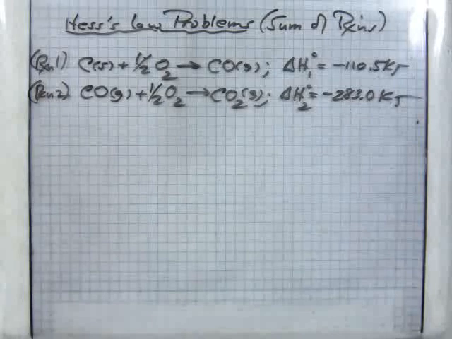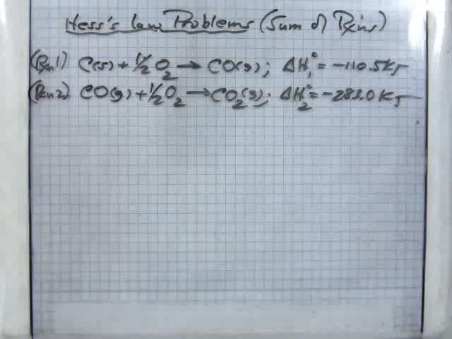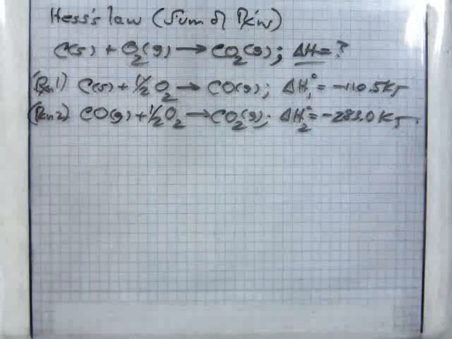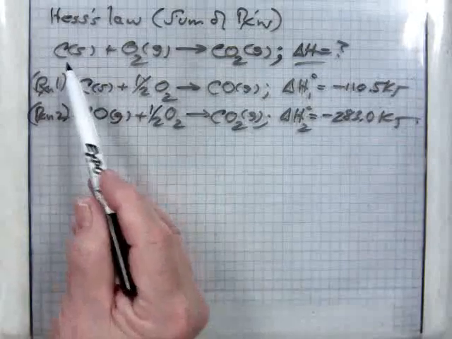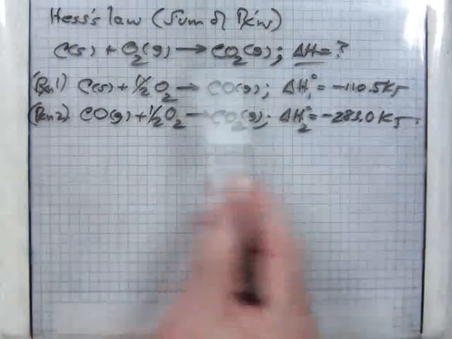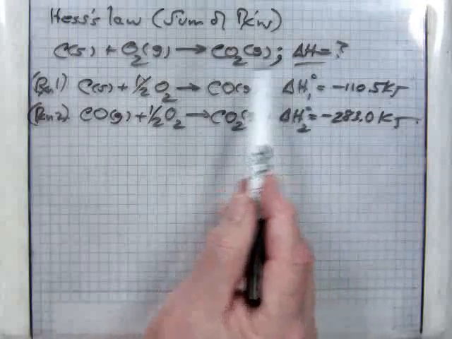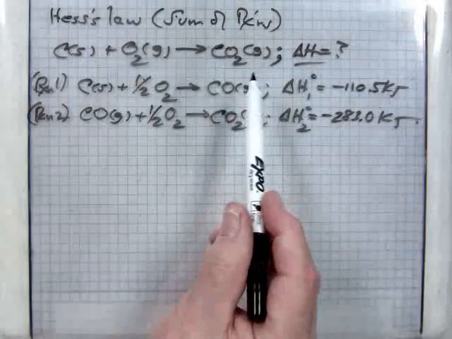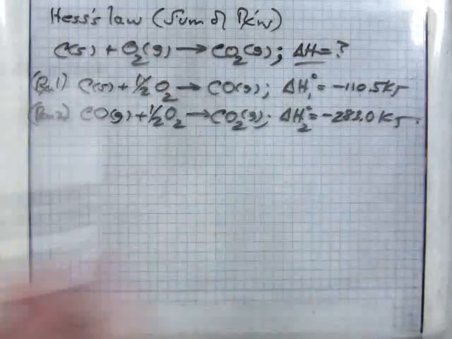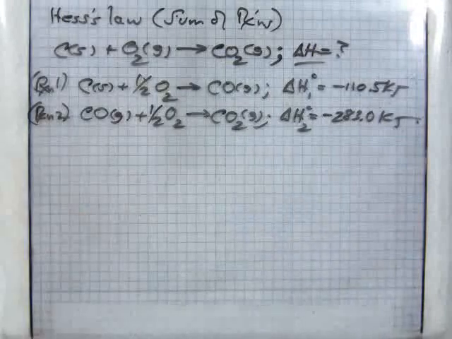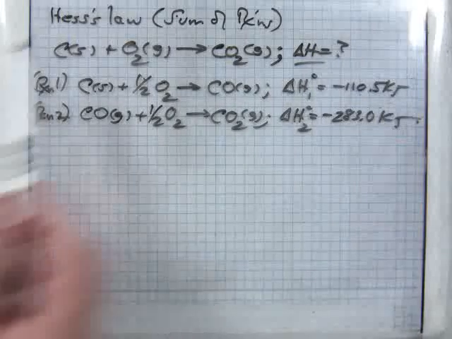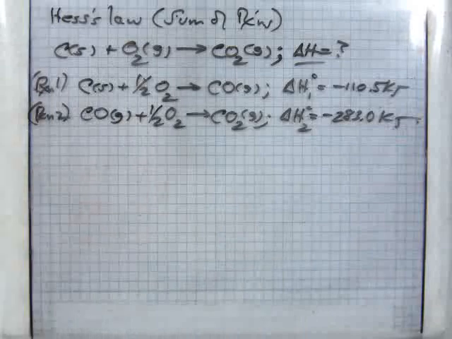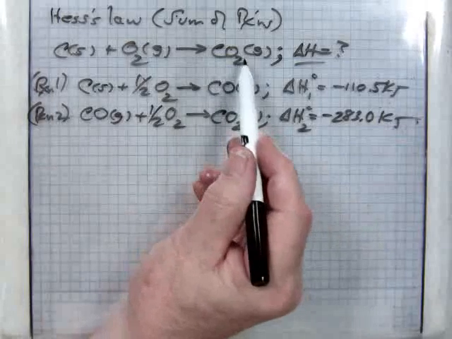Okay, all I did was copy the 2 reactions. Now, there it is. Okay, so what we need to do is find the heat of reaction for this reaction. The reason these are used like this is that if you put carbon and oxygen in a reaction chamber and heated it, you would not just get CO2.